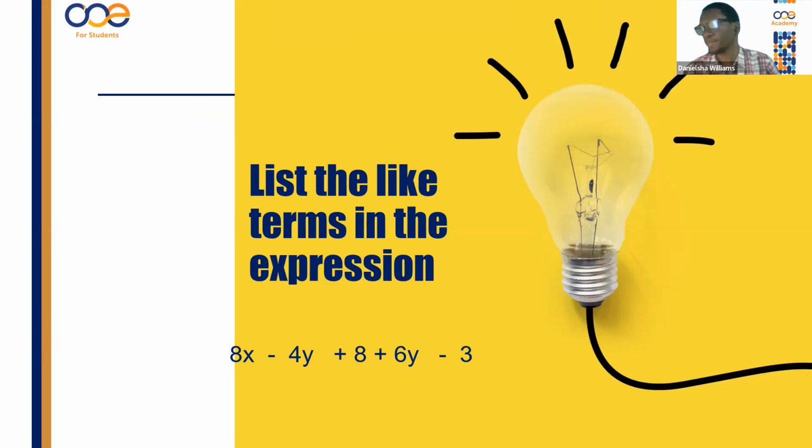Sir, I think I remember you must add the ones with the like expression, like for 4y and 6y, you're supposed to add them together. But sir, when you have the numbers together like that without any addition or subtraction, that means multiplication.